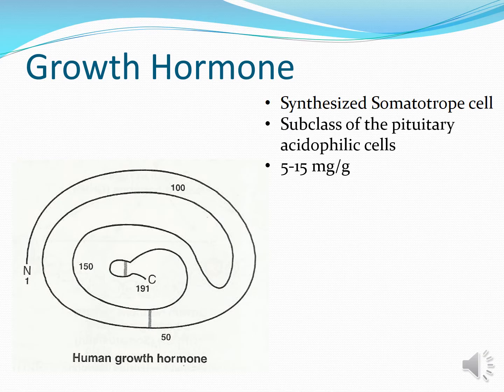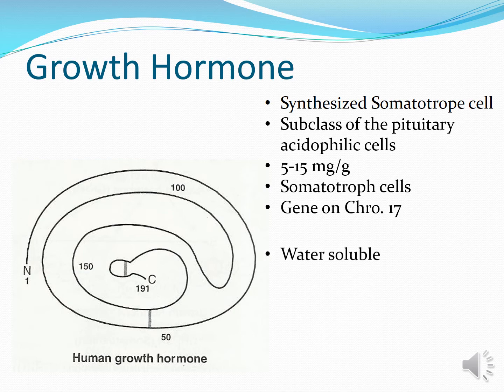Growth hormone is a single polypeptide with a molecular mass of about 22 kilodalton in all mammalian species. Its gene is located on chromosome 17 and it is water soluble.